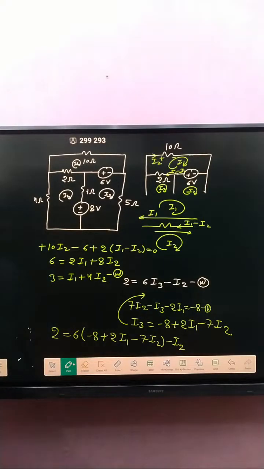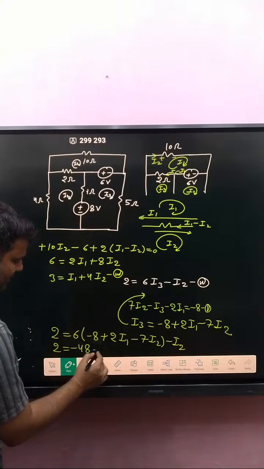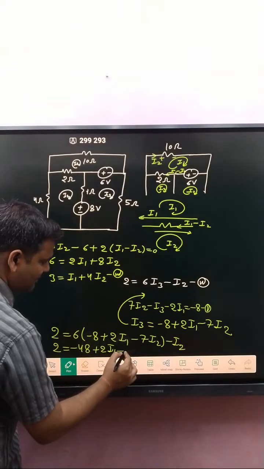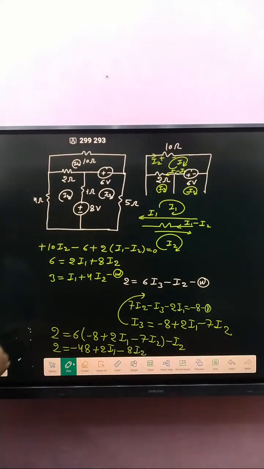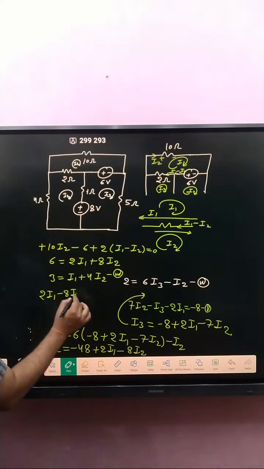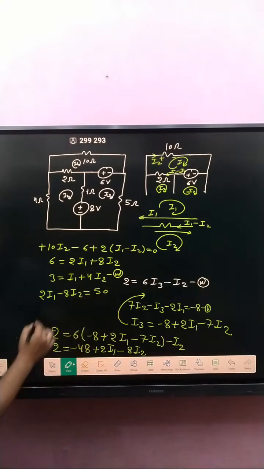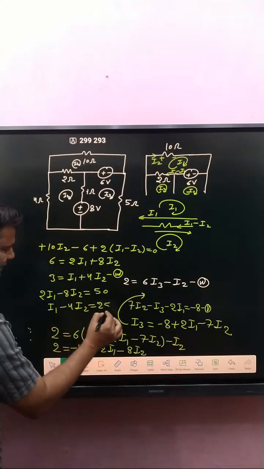Clear or not? So 2 is equal to minus 48 plus 2 I1 minus 8 I2. So we got 2 I1 minus 8 I2 is equal to 50. So I1 minus 4 I2 is equal to 25. Equation number 4.